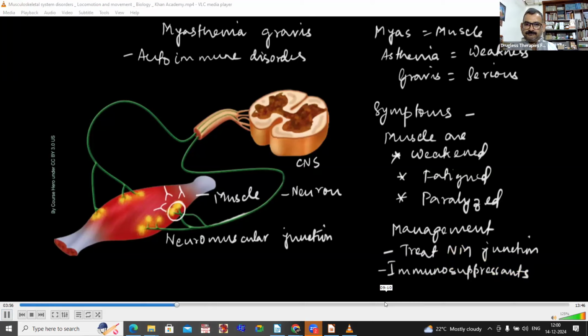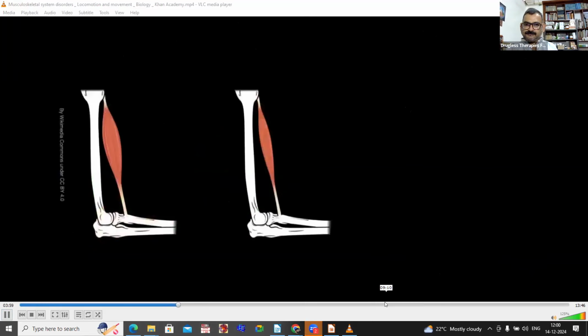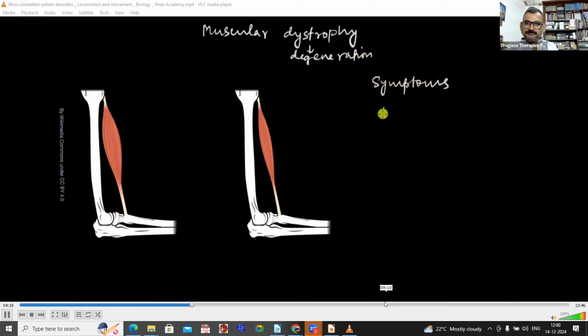Another disease which on the face of it might look similar is muscular dystrophy. Dystrophy means degeneration. The symptoms are kind of similar to myasthenia gravis: weak muscles, paralysis, but the reason is very, very different.